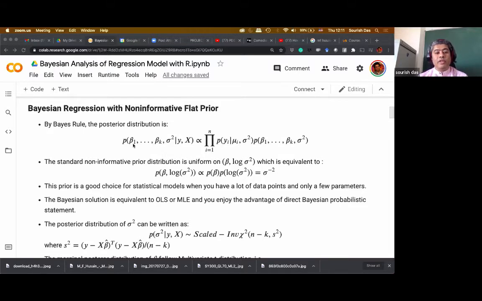So what is my parameter space? The parameter space is the regression coefficients beta 1, beta 2 up to beta k, and sigma square. These k regression coefficients and sigma square are the unknown parameters in the model.